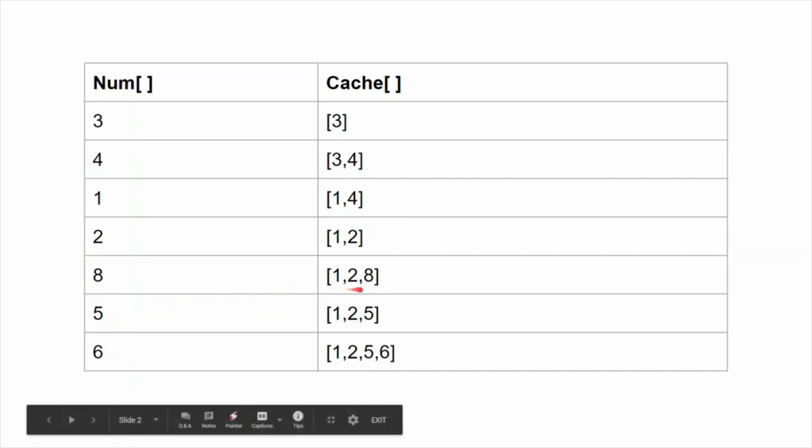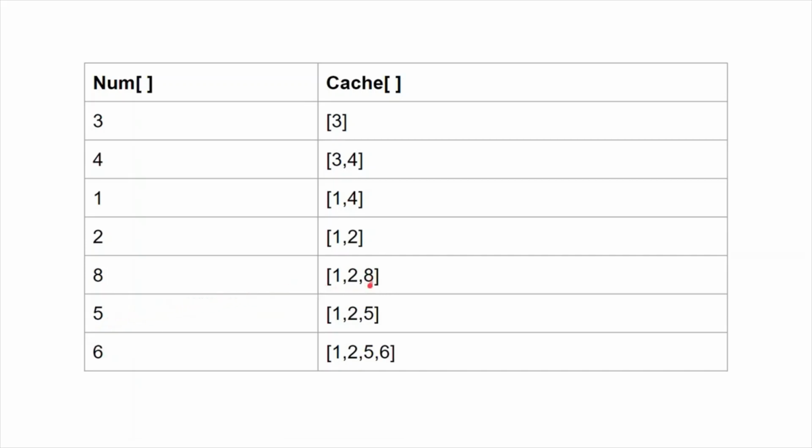And 5 is not bigger than 8, so we can just replace 8 with 5, right? It makes sense because up to this current point, the longest increasing subsequence is 3 elements. We can have 3, 4, 8, or 3, 4, 5, or 1, 2, 8, or 1, 2, 5, right?